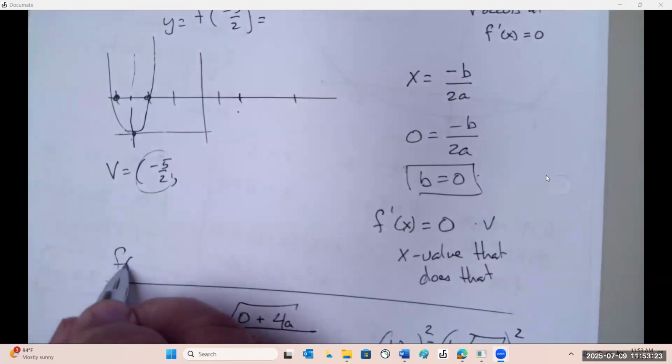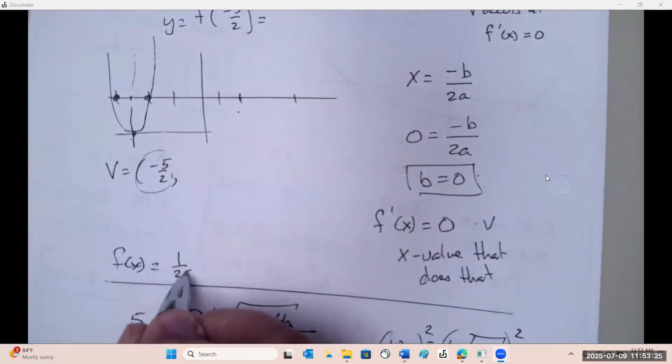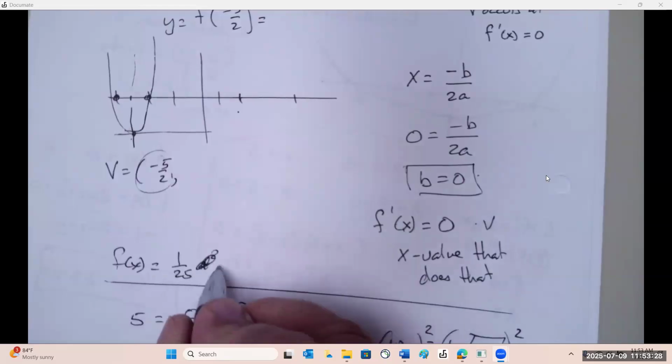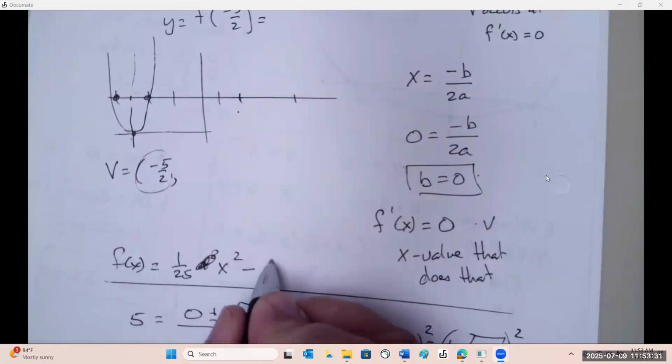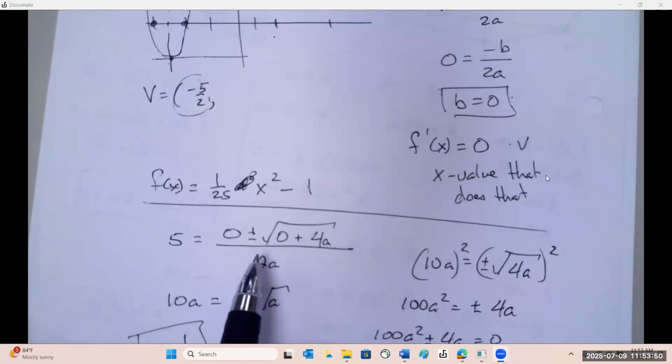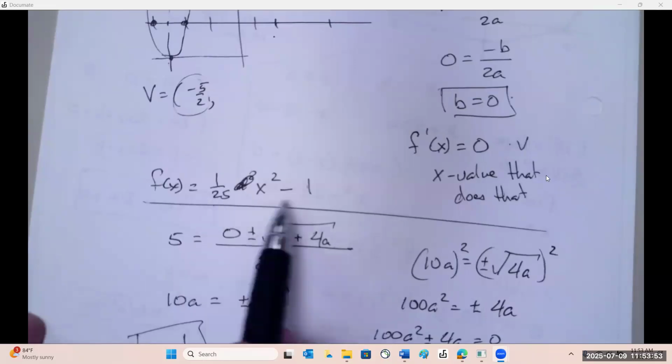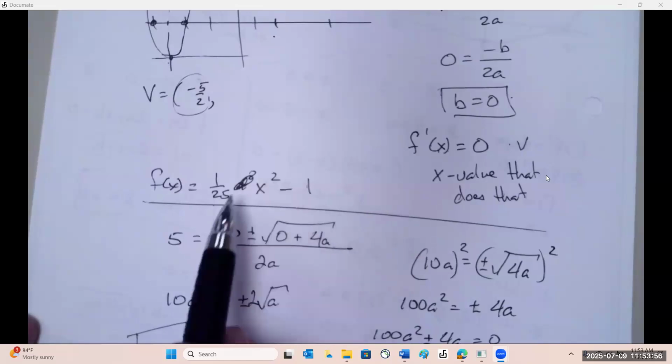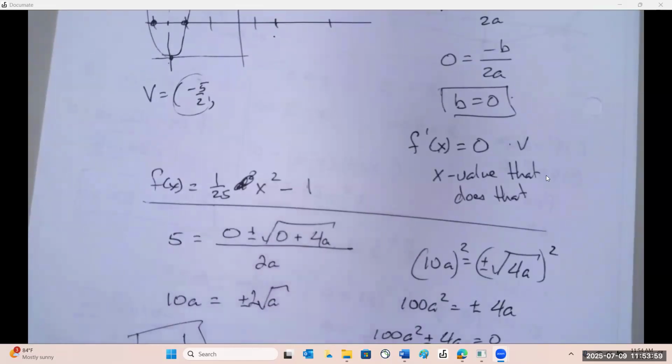So our polynomial is x squared over 25 minus 1. Would that satisfy our conditions for our answers? Well, this is the difference of two squares. It's x over 5 squared minus 1: x over 5 plus 1, x over 5 minus 1.